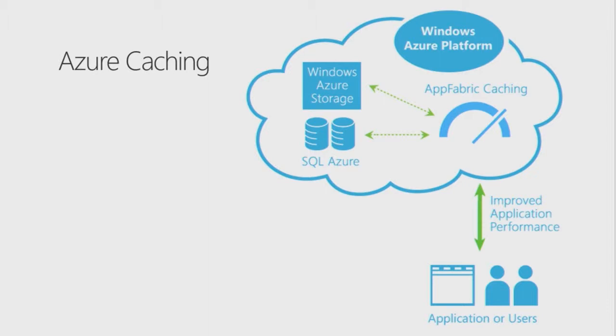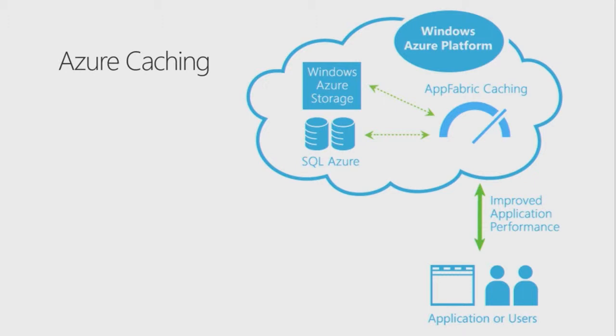But if your data exists in a database, or as blob storage or something like that, then it may be significantly far away from you and take some time not only to fetch, but also to aggregate, to localize, to bring it closer to you. And so App Fabric caching exists for us to do some caching even in the cloud.